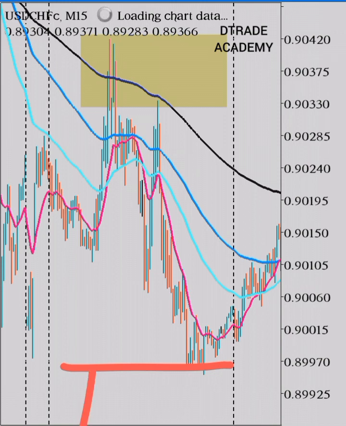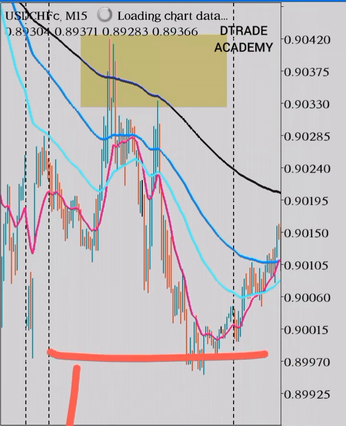The first hit and the second hit to sell, or mitigation of our first hit. Price could come, might not touch, might just come and mitigate it.